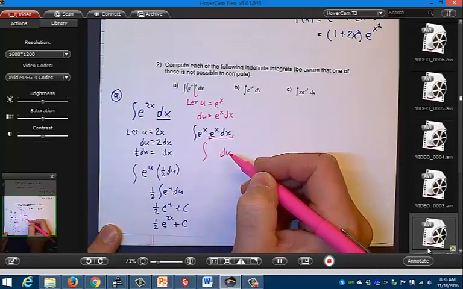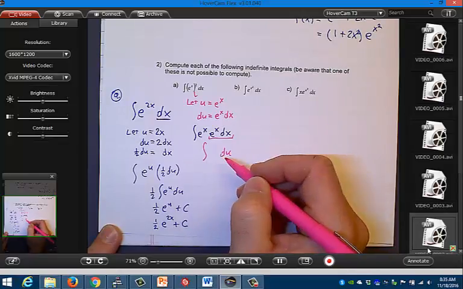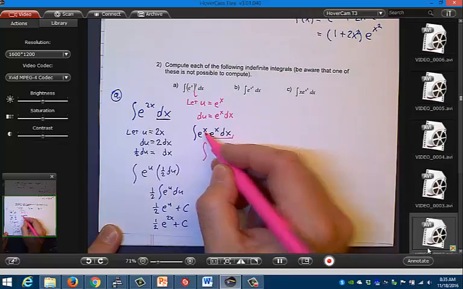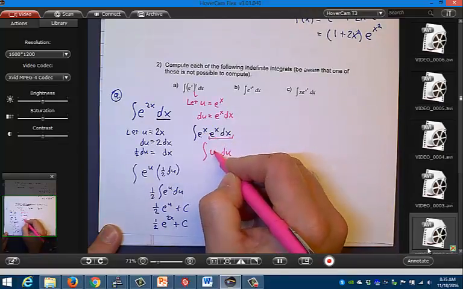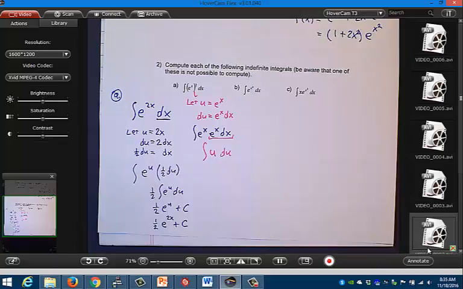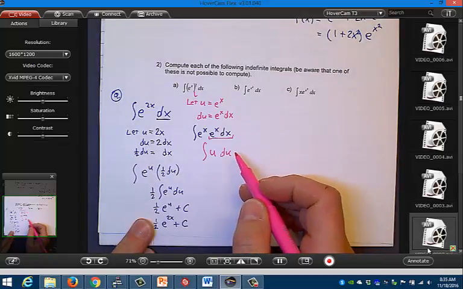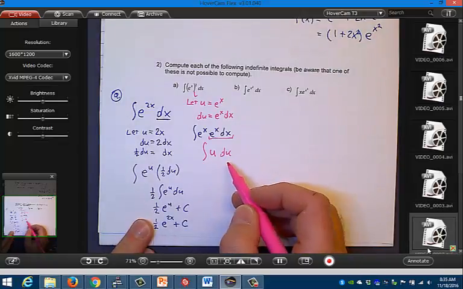Be careful here. What am I integrating? E to the x is the same as u, right? So this is a different way to do the problem. And watch how it works. What's the antiderivative of u? When you integrate u du, what do you get? Not u.